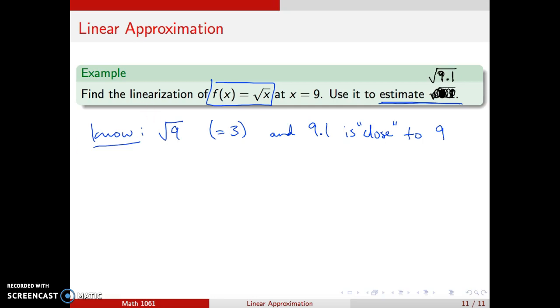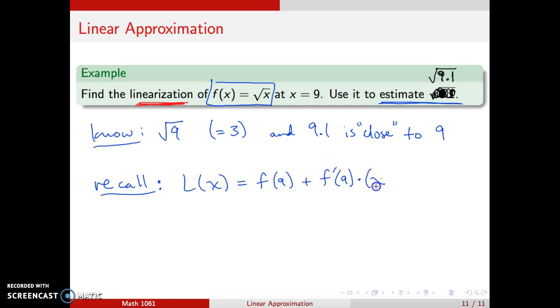Okay, so let's find the linearization. Recall the linearization at 9 would be f of 9 plus f prime of 9 times x minus 9.